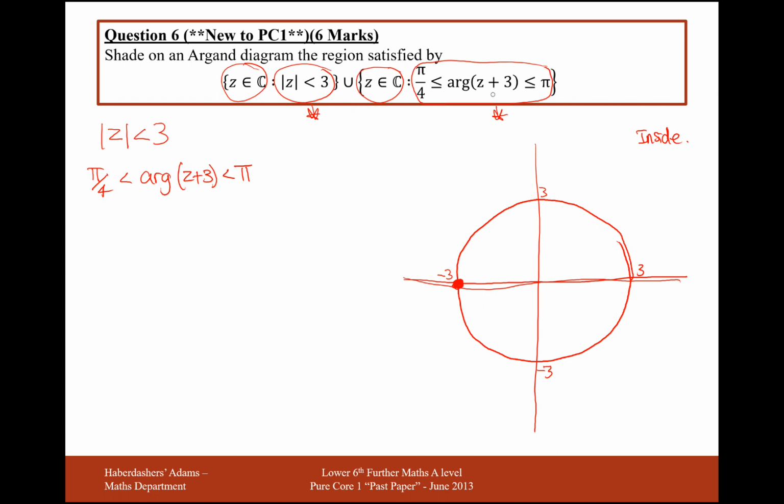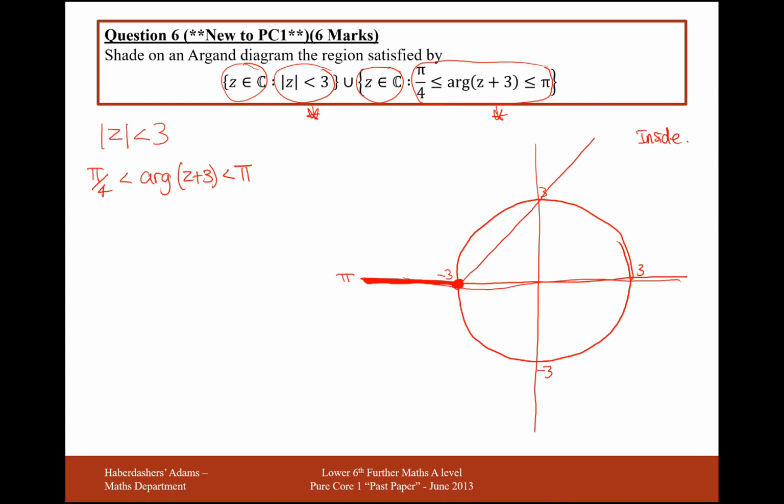It's going to have an argument in between pi and pi by 4. Now let's start with pi, the easier one probably. Pi is going to be an argument in between here. This is where pi is. And pi by 4 is exactly 45 degrees, which will make it have a gradient of 1.